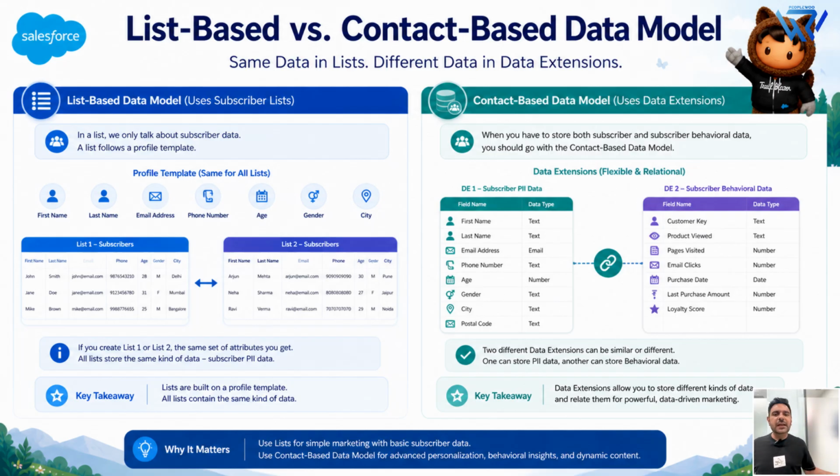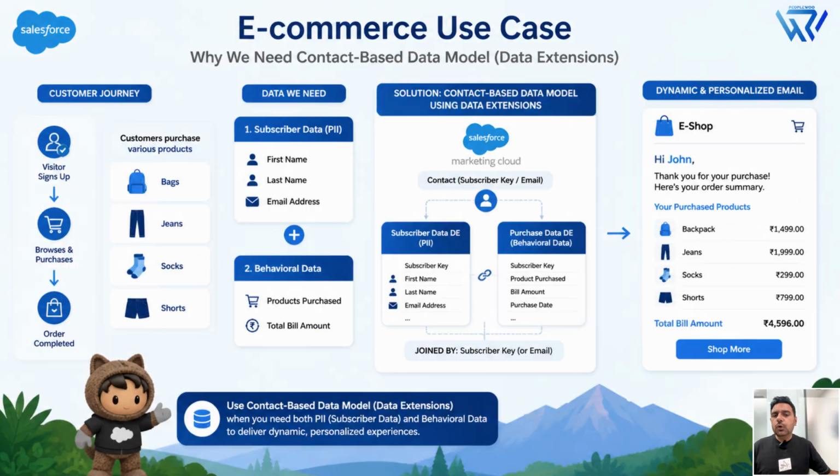For example, I am running an e-commerce brand and people come, sign up, and purchase products and services. A few people have purchased a bag, a few have purchased jeans, a few have purchased socks, some have purchased shorts. Whoever makes a purchase, I have to send them a dynamic, personalized email, where I mention their first name, last name, obviously, but also the products they have purchased and the bill amount of the total products.